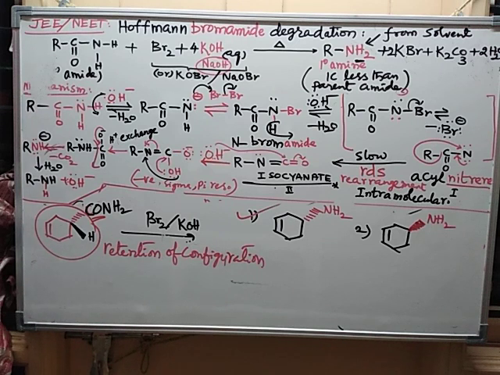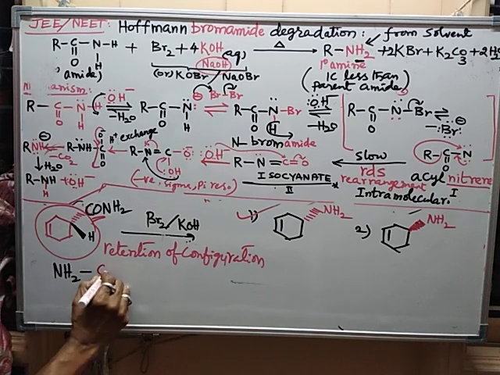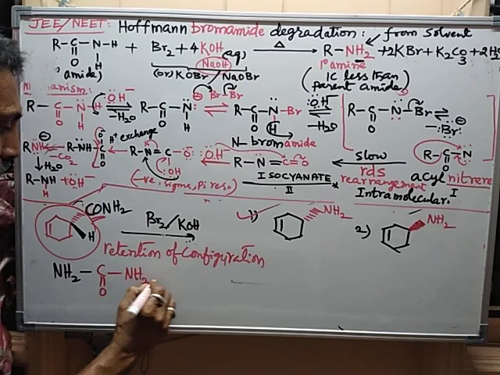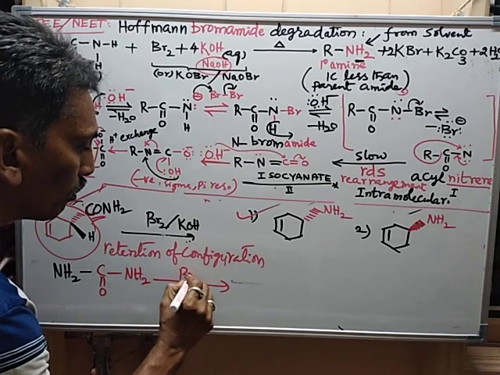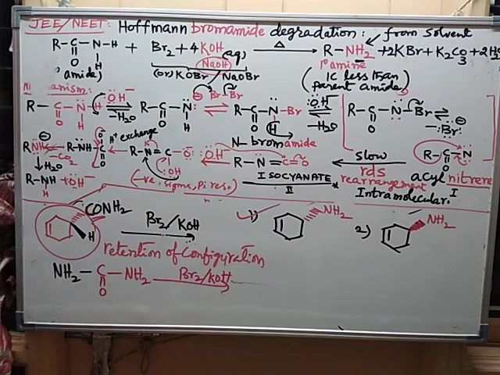Before that, one simple example to be taken, that is NH2 C=O NH2, urea. Urea is subjected to Hofmann bromamide degradation, Br2 KOH. What happened? Yes, this NH2 is considered as an alkyl group, and this is a primary amide group.